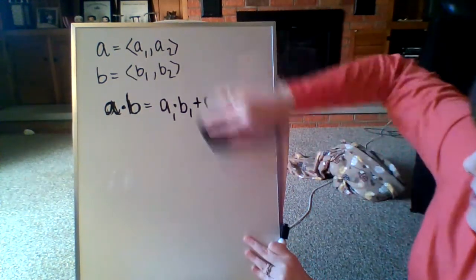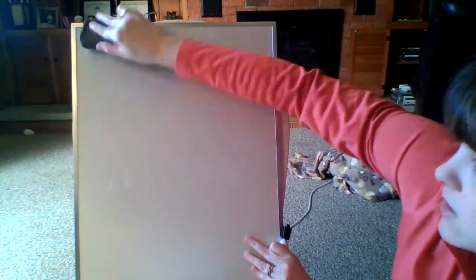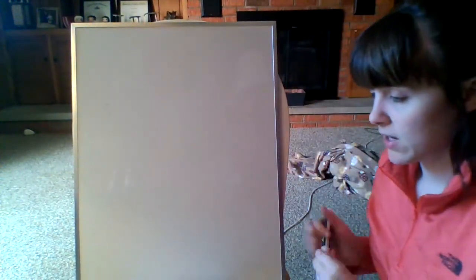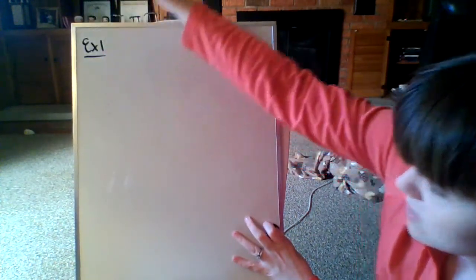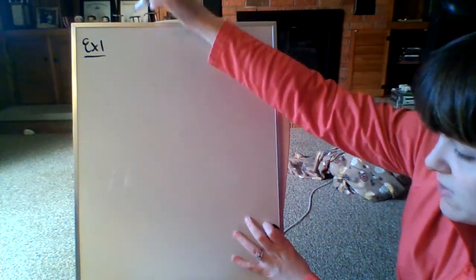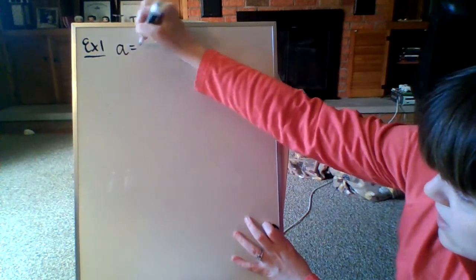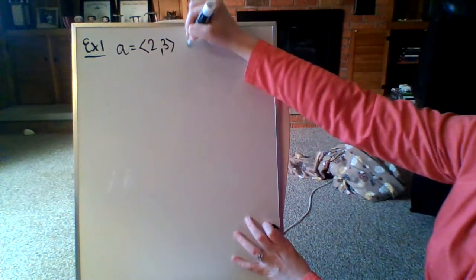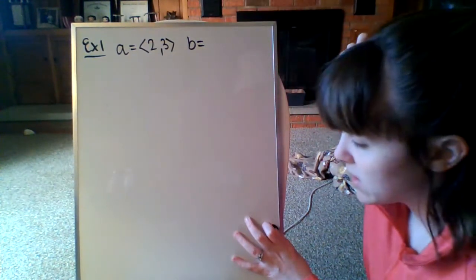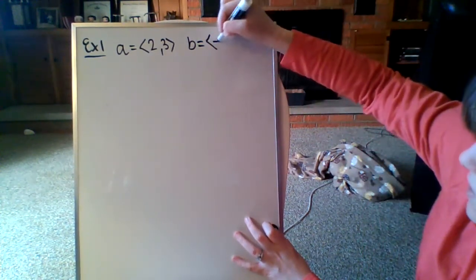Alright, I'm going to show you an example of how dot product works. Example 1: find the dot product of the two vectors. A is (2, 3), and B is (-1, 4).